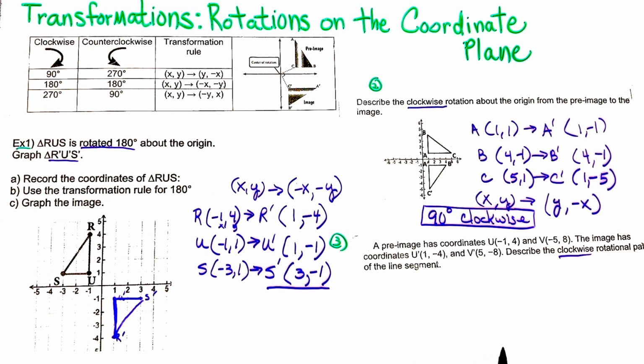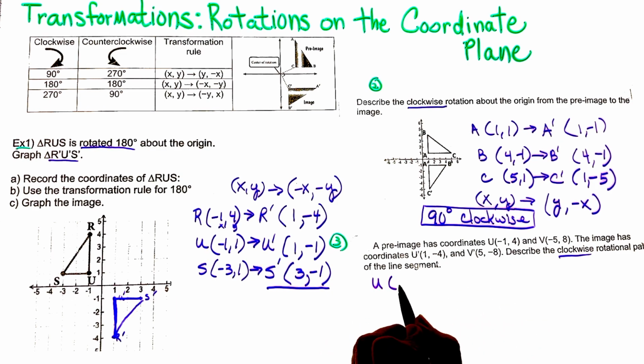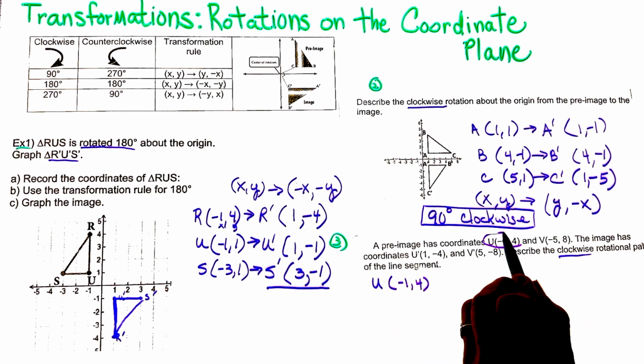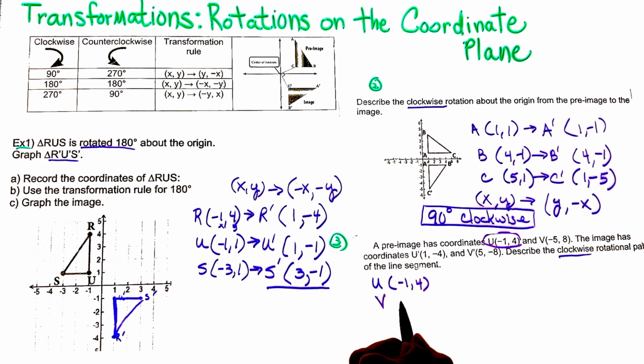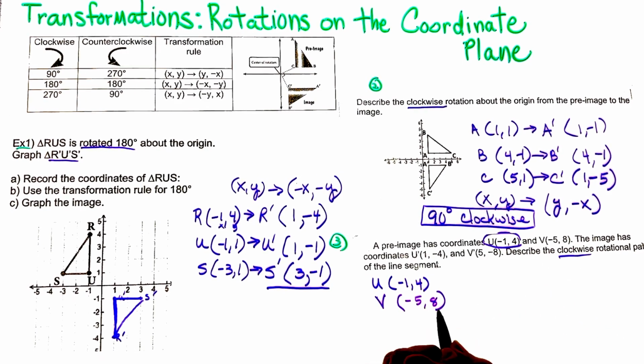Okay? Well, I'm going to start by listing my U is at a -1 and 4, and my V is at a -5 and an 8.